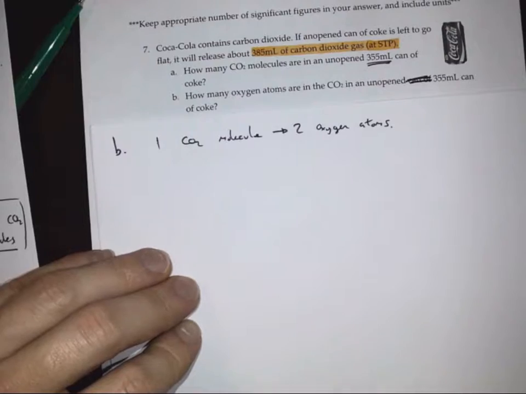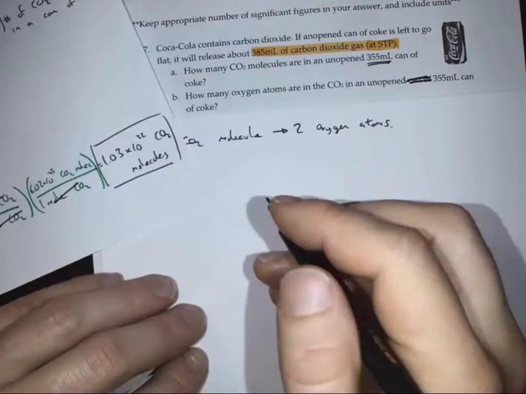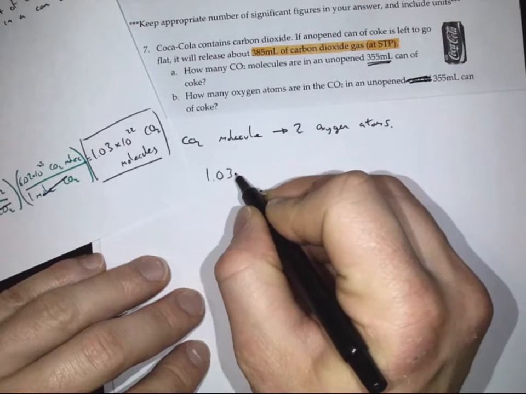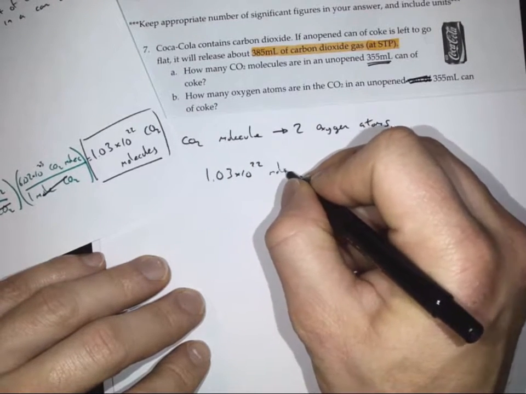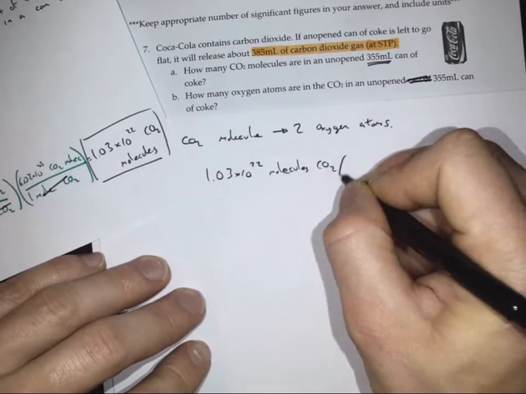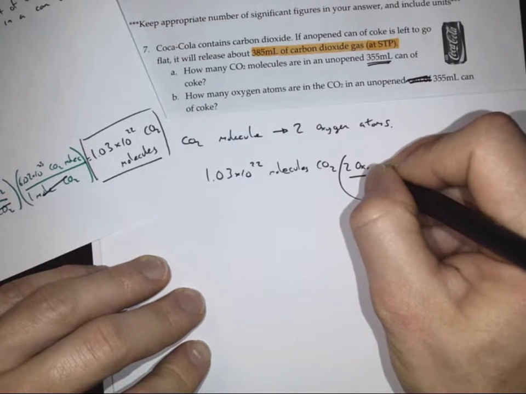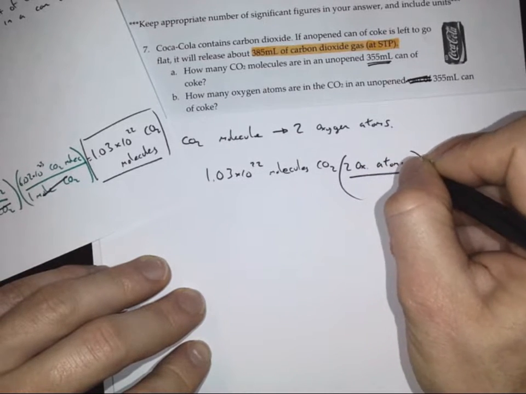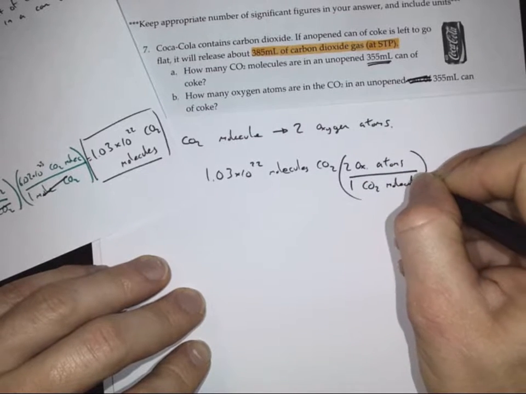So I'm going to start with this value here, which is 1.03 times 10 to the 22 molecules CO2, and say there are 2 oxygen atoms for every 1 CO2 molecule.